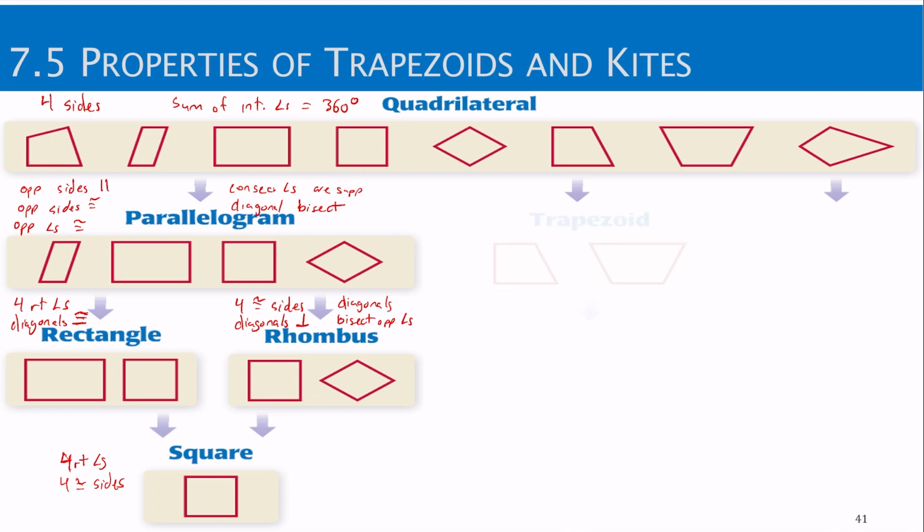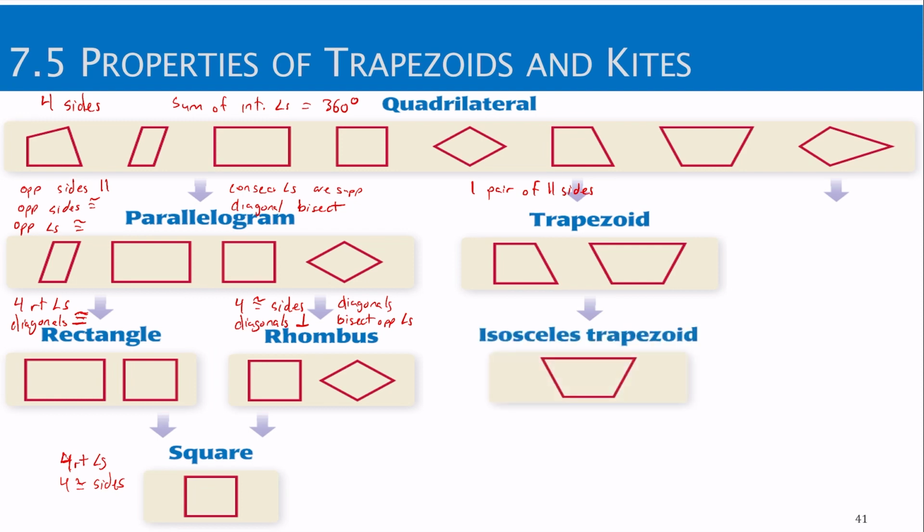We have other quadrilaterals: trapezoids, which have 1 pair of parallel sides. And we had special trapezoids that were isosceles. If it's isosceles, the legs are congruent, the diagonals are congruent, and the base angles are congruent.